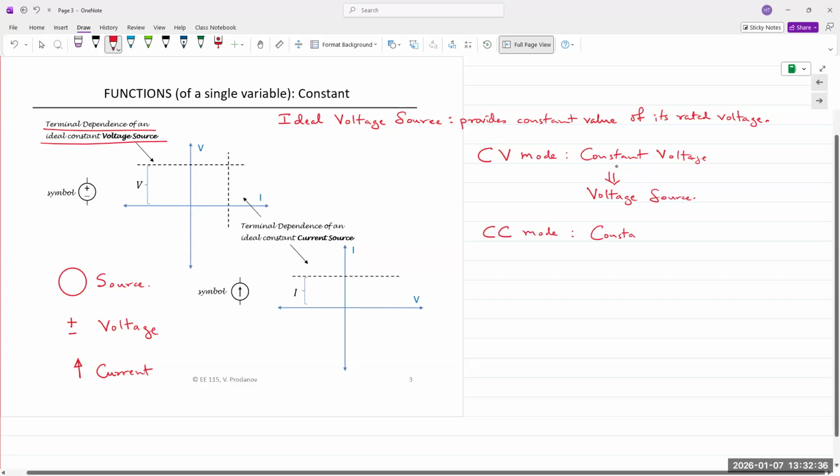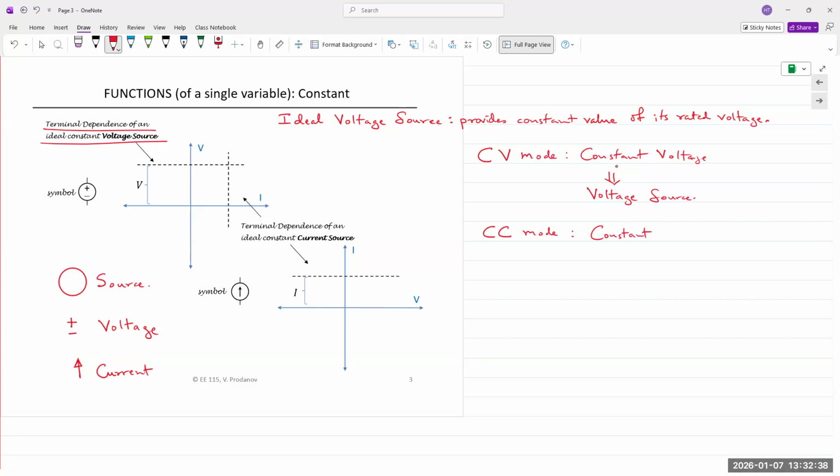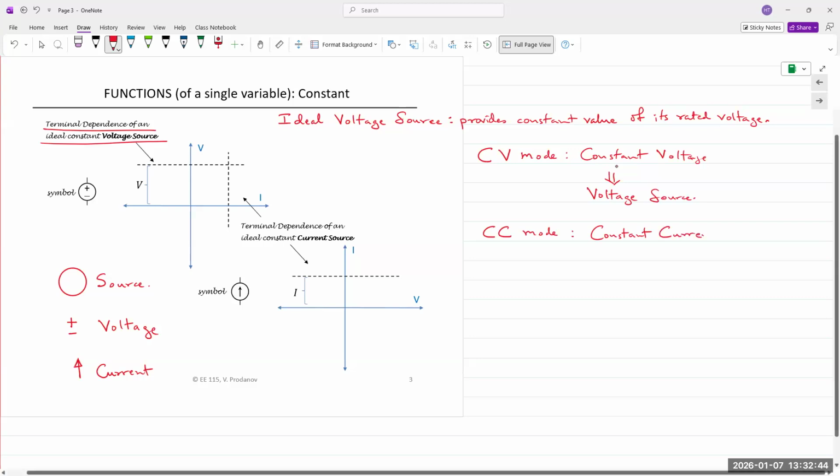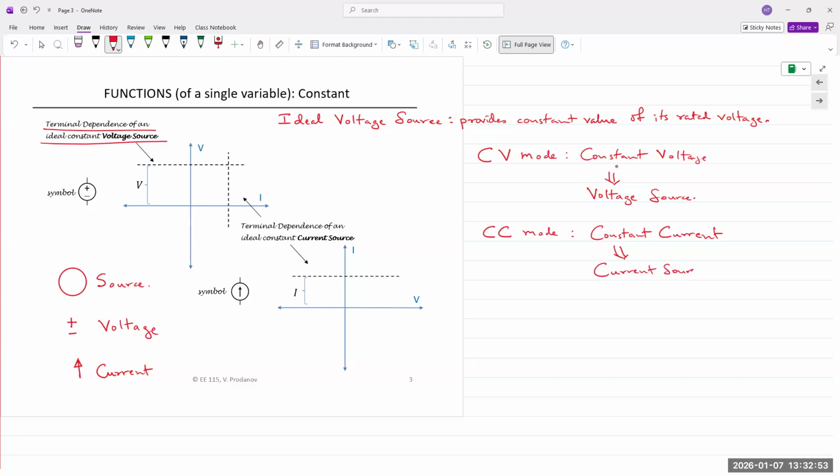In CC mode, we program the output or desired current into the power supply. And so now it runs in constant current mode, and we refer to that as a current source. That's the only difference. There is no other difference between a voltage source and a current source.